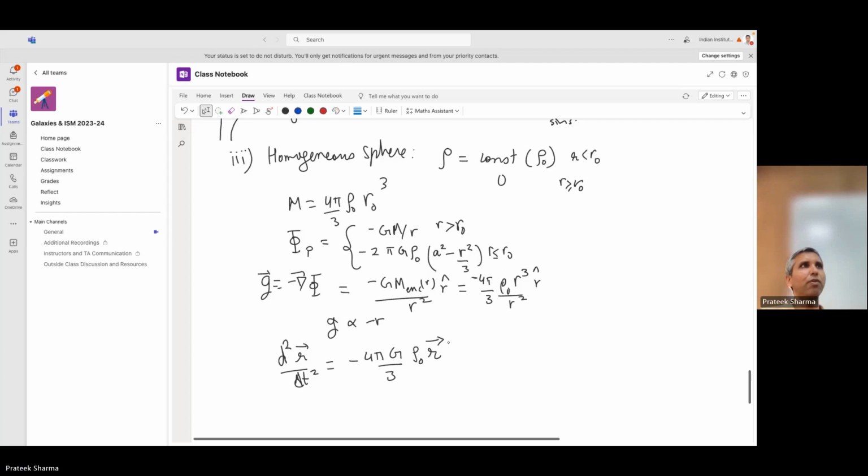If you don't have angular momentum, this equation is just the radial oscillations, and this is essentially a harmonic oscillator, except that this is valid even if your amplitude is large, right? Because this is an exact equation. Unlike sine theta, which you approximate as theta for a small angle oscillation of a pendulum. Here, the exact equation is a linear harmonic equation.